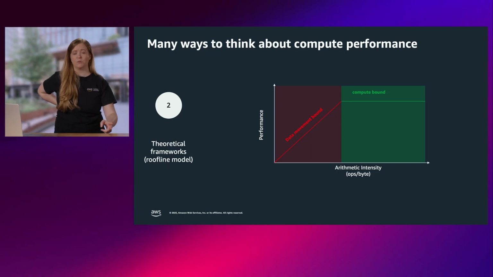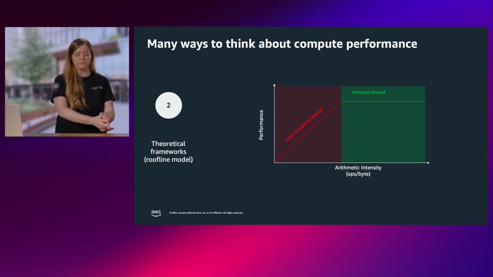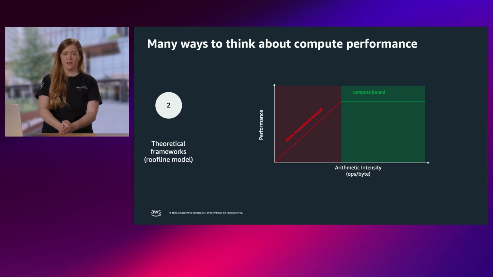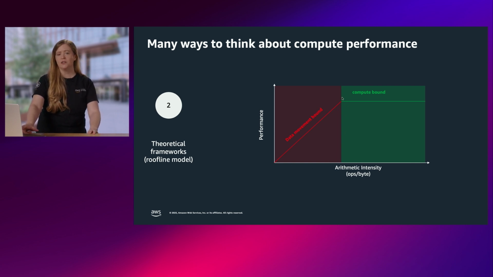As you are attempting to execute more operations, such as by a dense language model, or by a more complex language model, or by increasing the batch size in your computational process, that arithmetic intensity increases. As you increase arithmetic intensity, you're going to eventually cross over this ridge point.